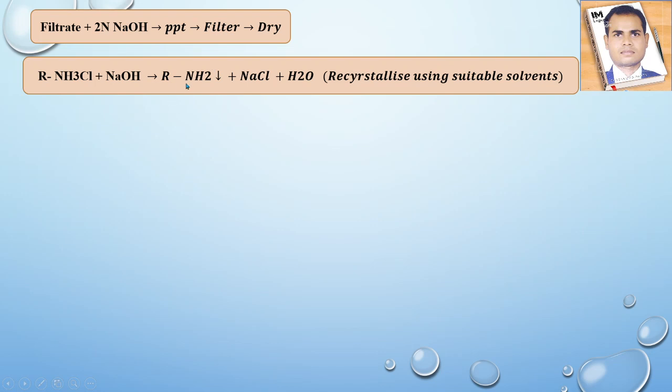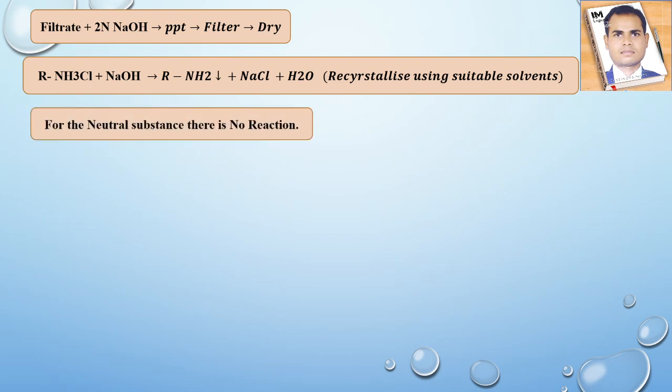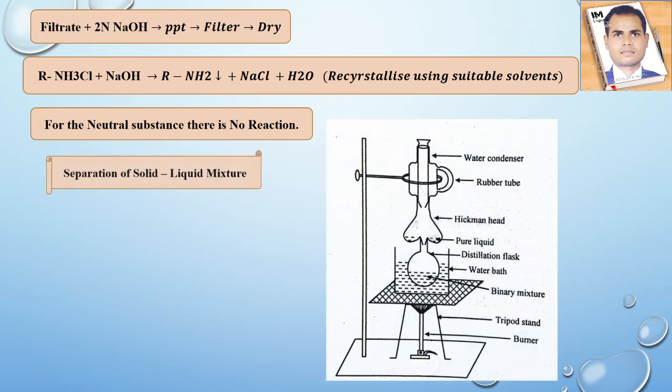We recrystallize that compound using a suitable solvent, and filter and dry it, right? In this way we separate it out. For the neutral there are no reactions, it is a neutral substance, so no reaction for the neutral type.